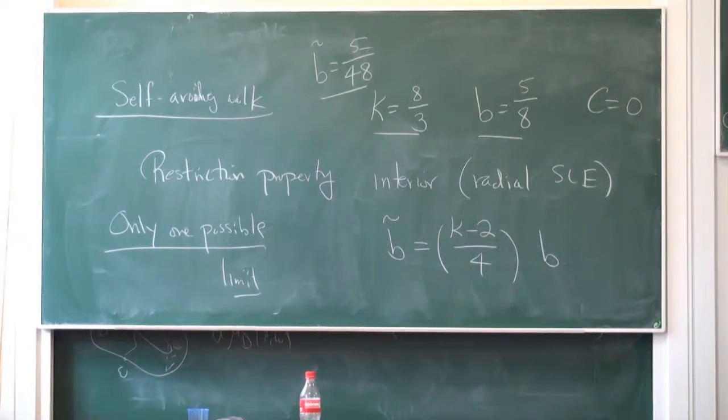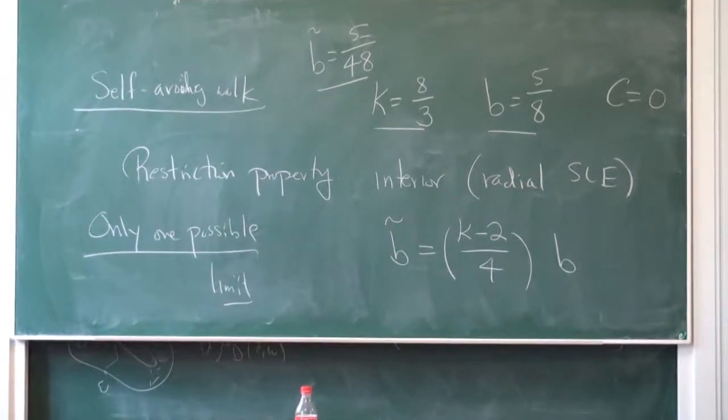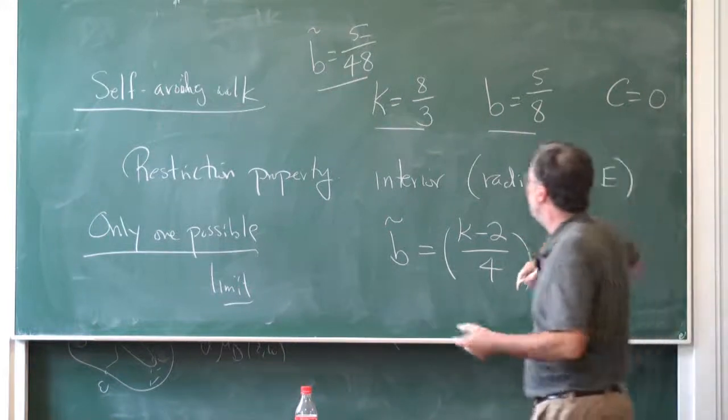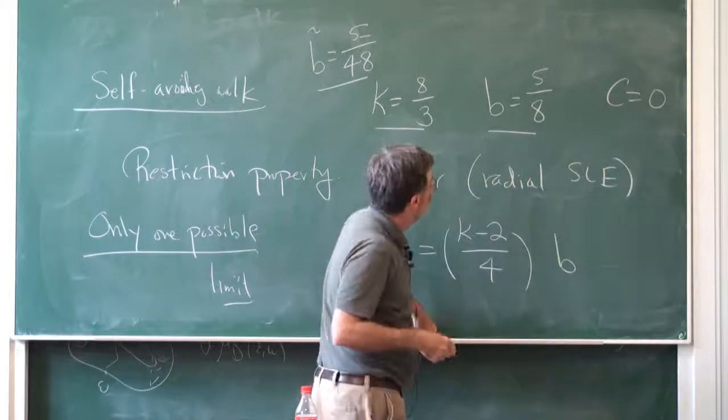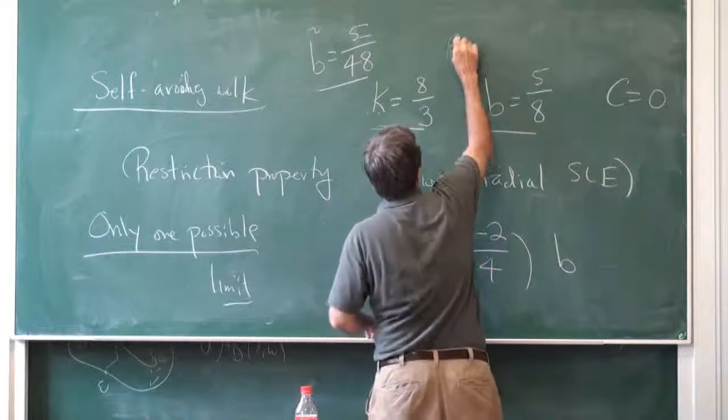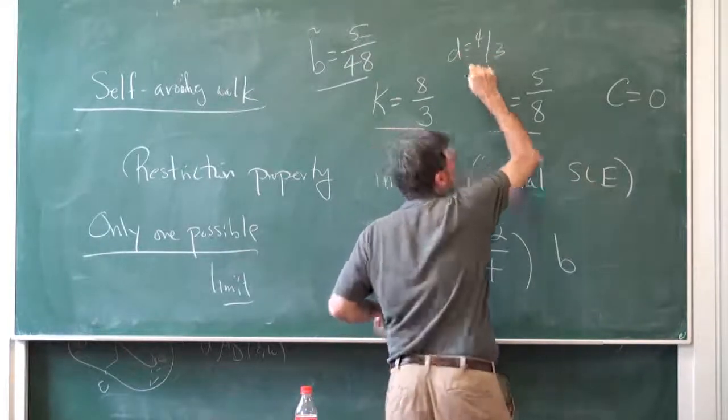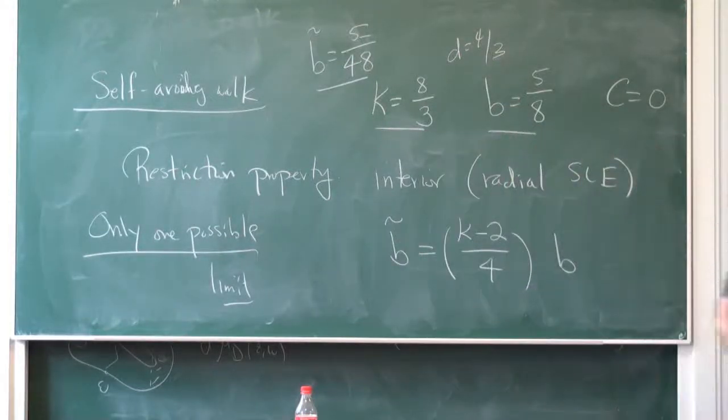Now on Friday, I'm going to discuss a little bit about self-avoiding walks. I'm going to discuss critical exponents for self-avoiding walks. They won't be defined exactly this way, but, while I'm at it, the fractal dimension is 4/3.